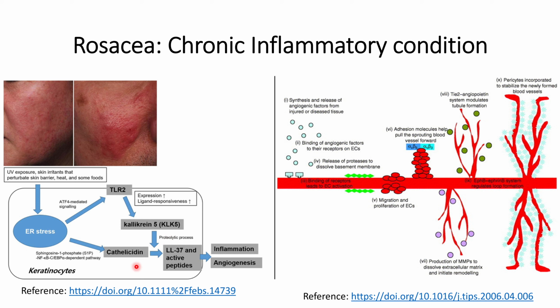So what will happen, the final product, is that the proteolytic cleavage of cathelicidin will increase. For example, the active peptide LL37 will increase, and the increase in this peptide will trigger inflammation and angiogenesis, and the result of both of these will lead to redness of the skin, as shown in the figure.